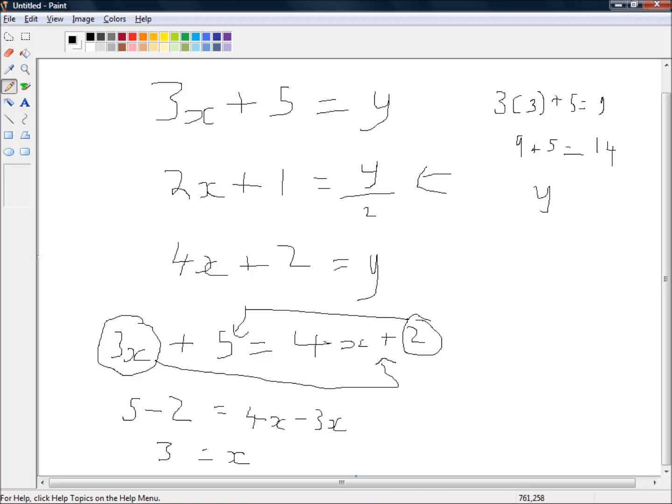So therefore y is equal to 14. So our solution is x equals 3, y equals 14. Incidentally, if you're asked to give your solution as an ordered pair, you would just write open brackets and then x comma y. In this case, x is 3, y is 14.